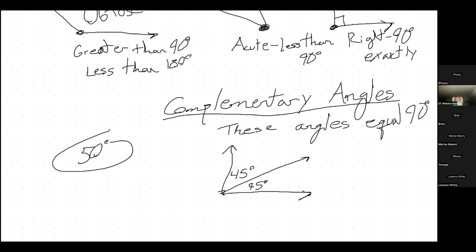Anyone? So two complementary angles equal 90 degrees together. What is the complement of 50? All right, I guess I'll do it.